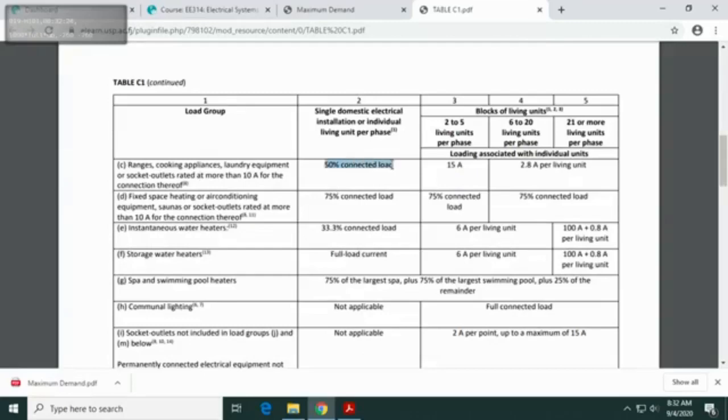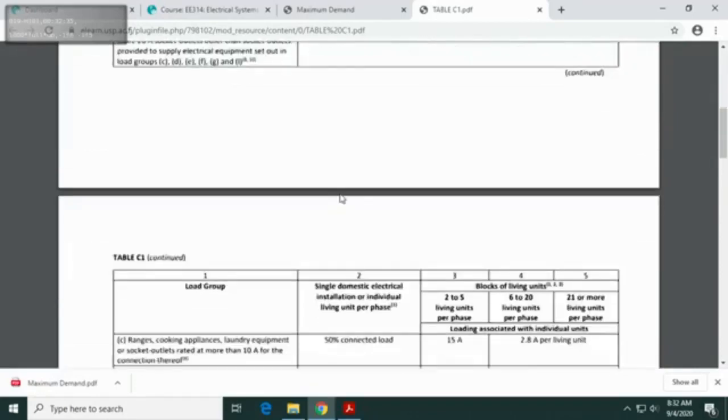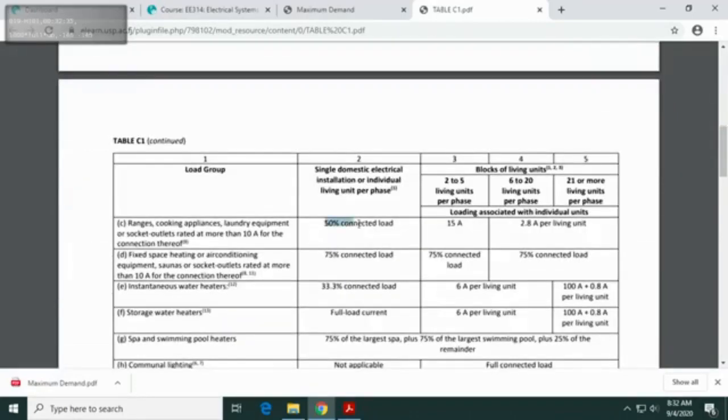Now this is 50% connected load. All right. So you will come across either totaling the points or calculating the percentage of the connected load. So it's 50% connected load. That means we have to first find the current. Current we already know, which is 41.7.